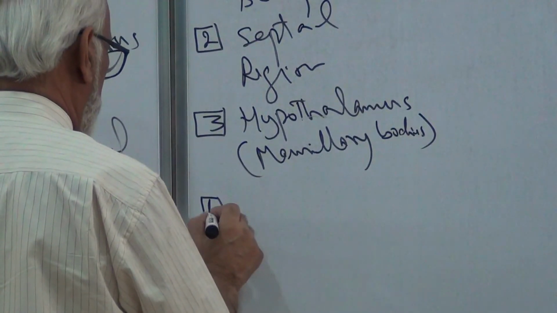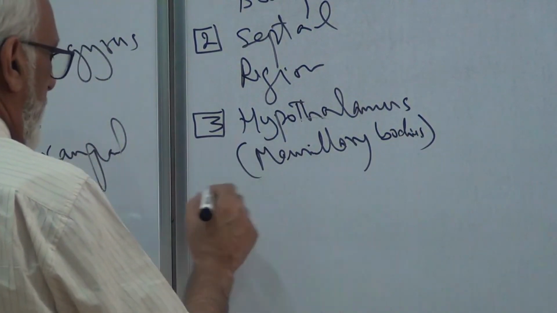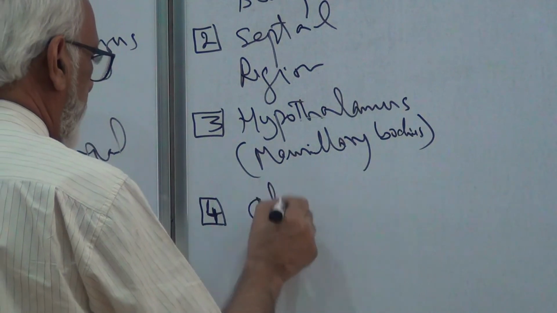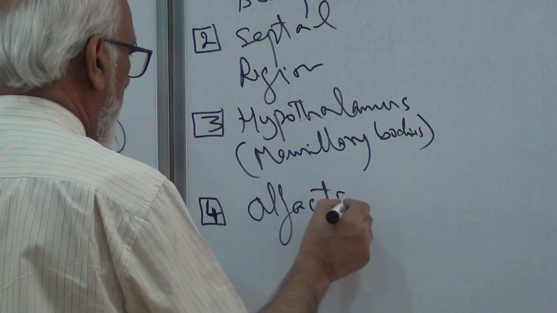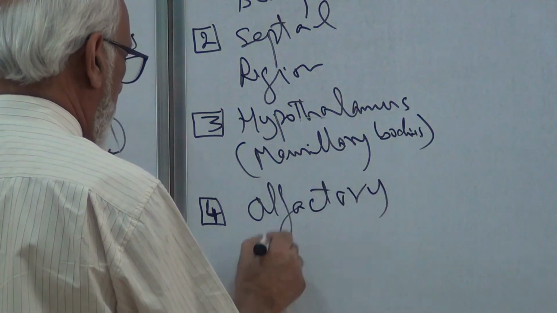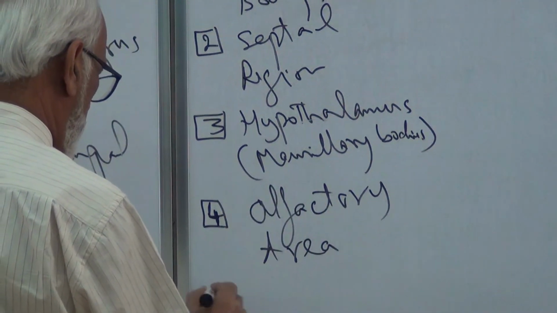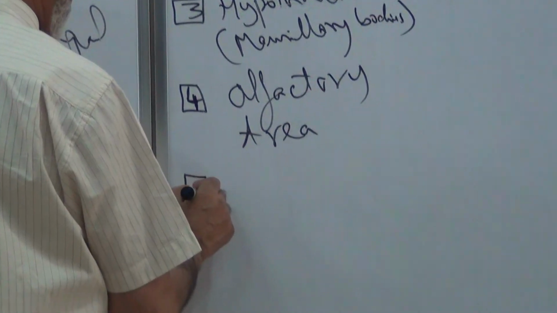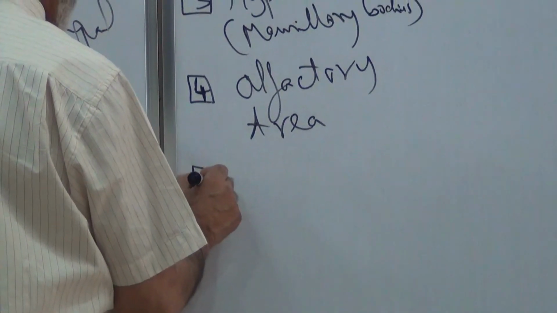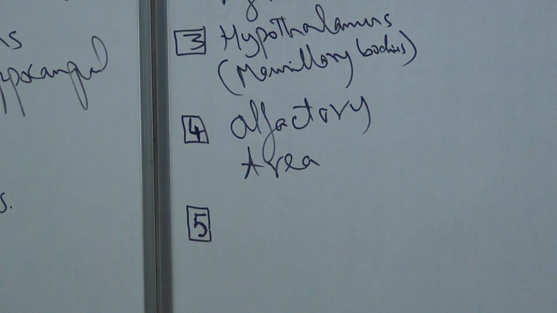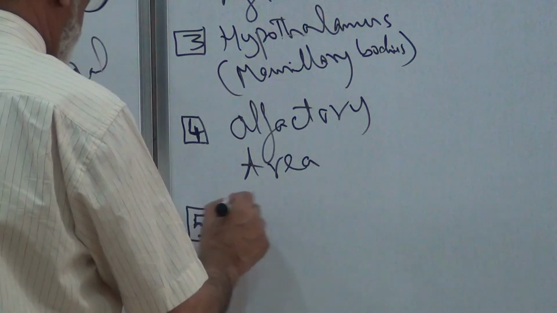Number four, olfactory area. Number five is thalamus.